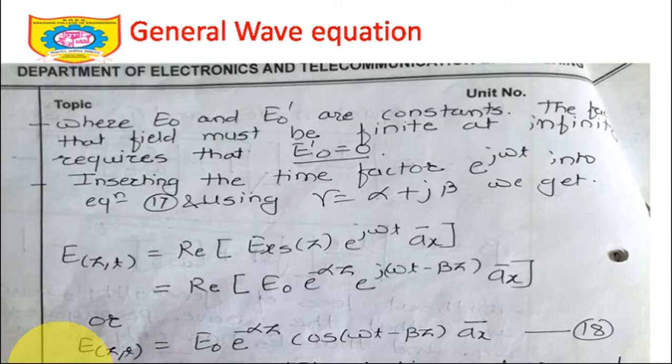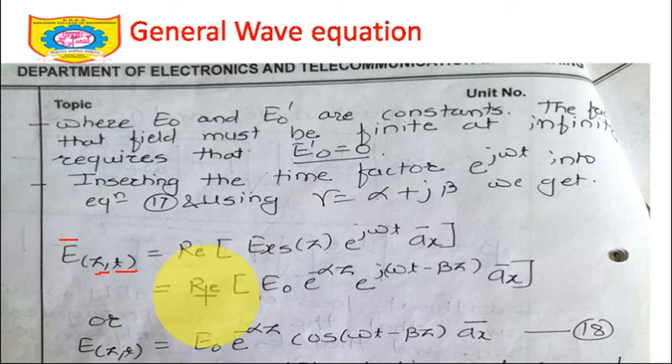I have also introduced the term e raised to j omega t, and I can now write E of Z comma t, that means electric field intensity as a function of space and time. I can represent it as the real part of E of Z, e raised to j omega t into ax bar.